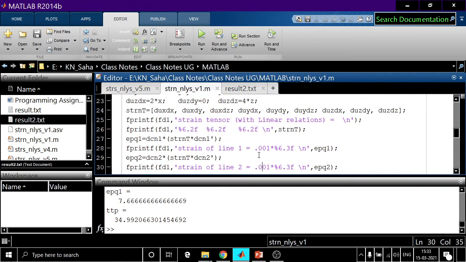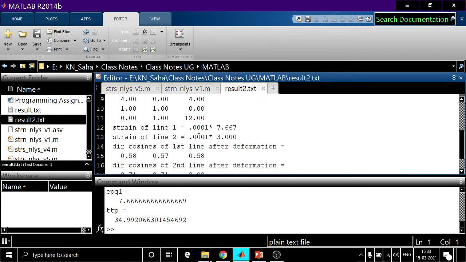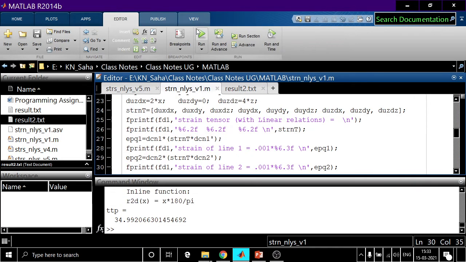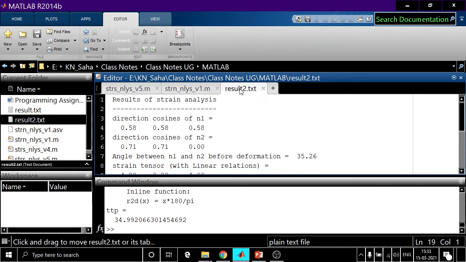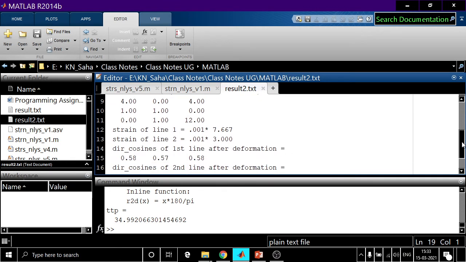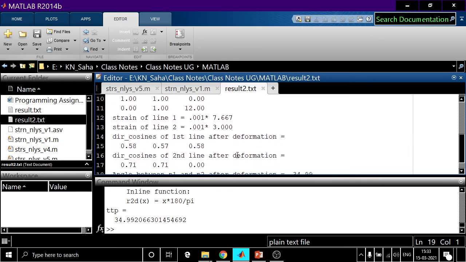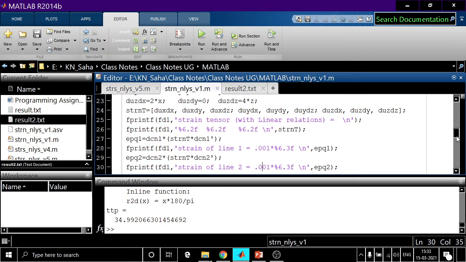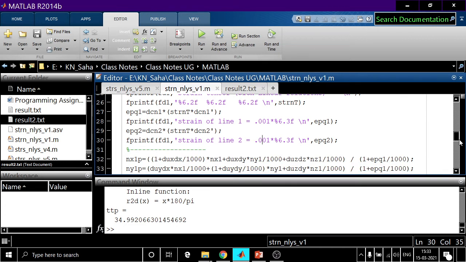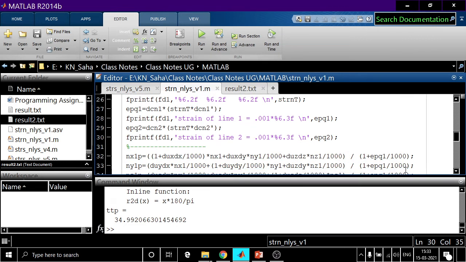If we run this once again, the 0.0001 will change and become 0.001. Let us see, we have run that one. So this should change. Okay, so this has changed. Anyway, afterwards we have to take care of that, and you see it is divided by 1000. So this is not going to make any change in our calculation.